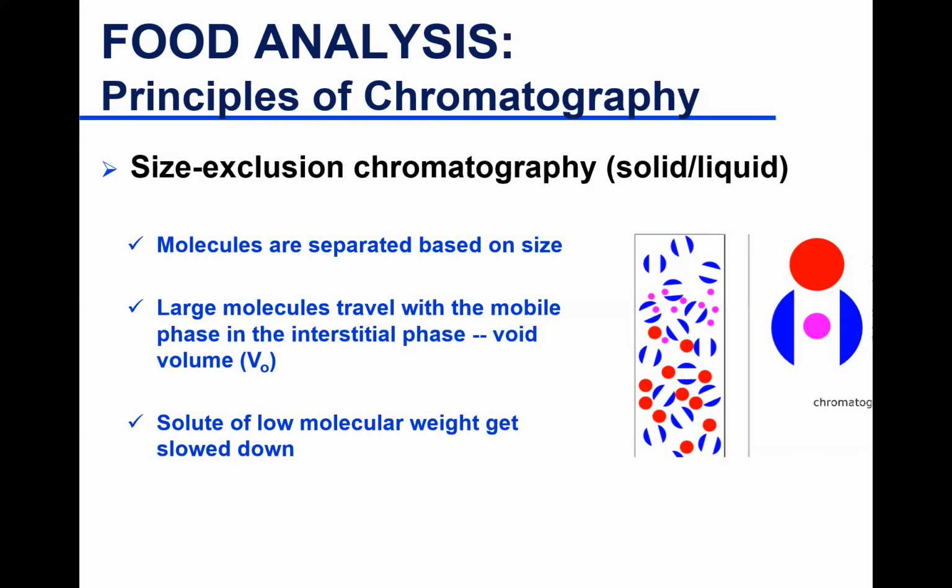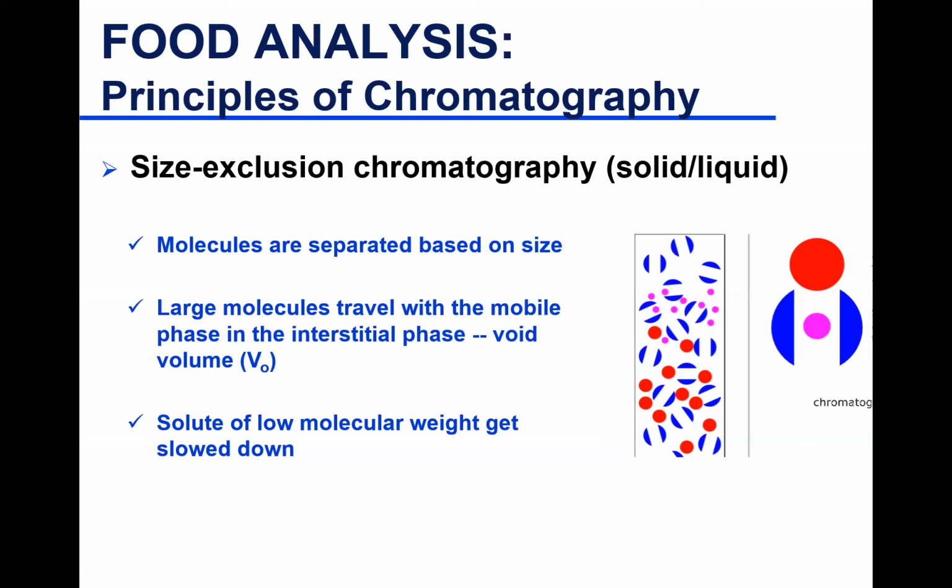On the contrary, components that are very small, like these pink ones here, are the smallest. They have access to all the pores, the small pores and the large pores, so they go in, get detained in the column, come out and then go into other pores.